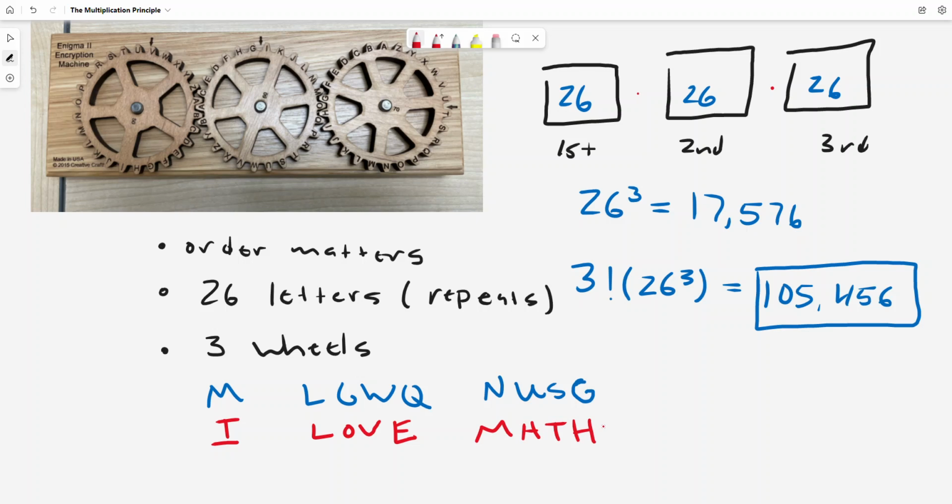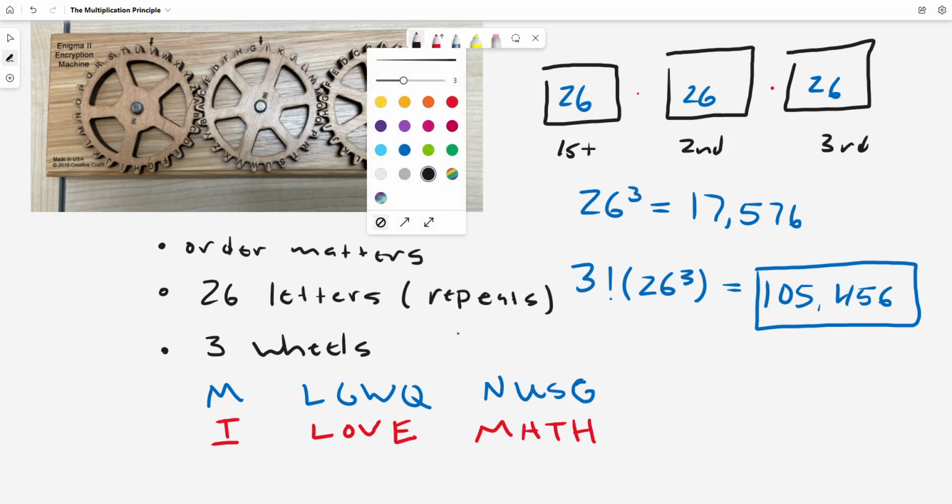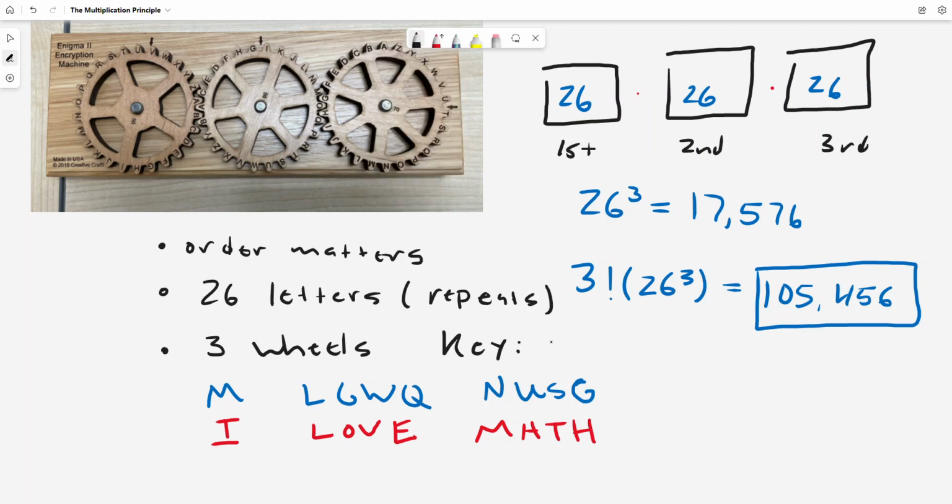The only thing is, what was the key that I used? The key that I happened to use was the word tab. I just chose it randomly, but I needed to remember that I ordered the spokes by 50, 60, and 70 respectively in order to encrypt this message.